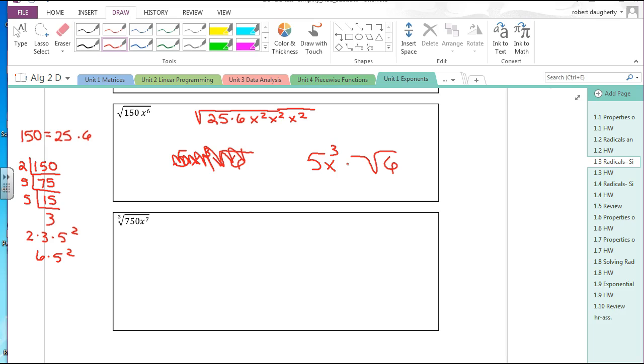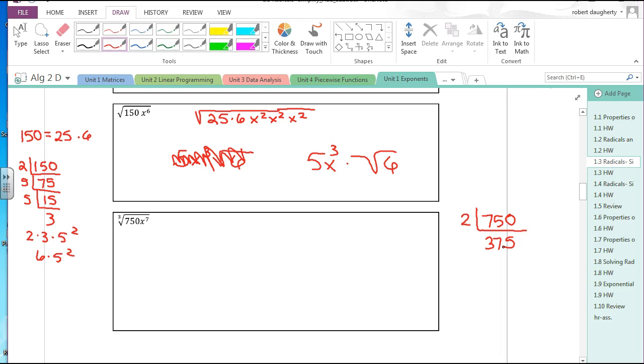Okay, the next one is what kind of root? Cube root. So my strategy will be to organize things under the radical in terms of perfect cubes. Okay. 750, I'm not sure what to do with it, but let's just start out. What kind of number is it? Even number. So let's divide it by 2, and I think I get 375.